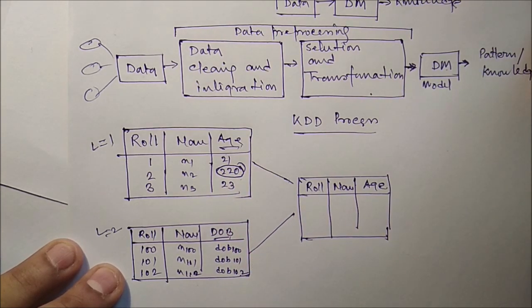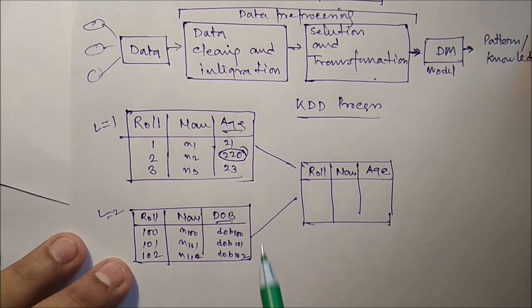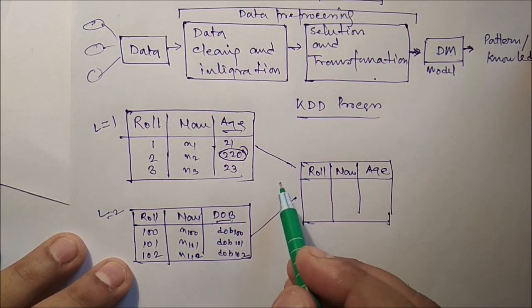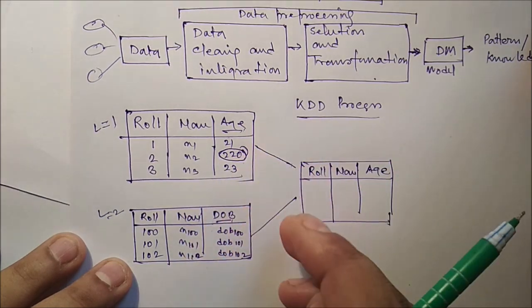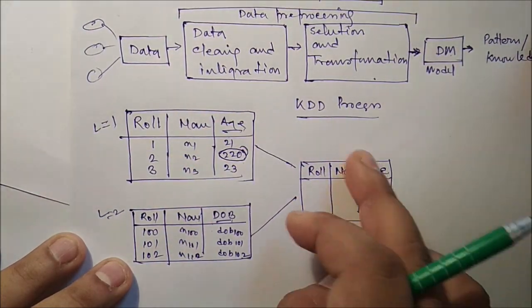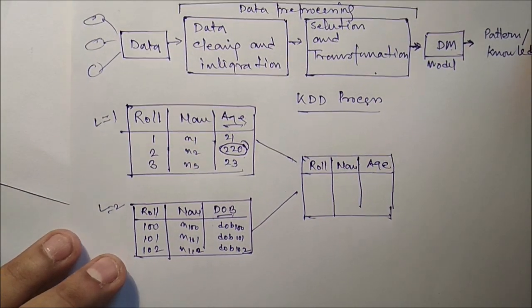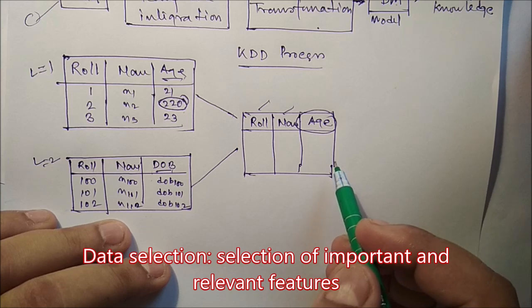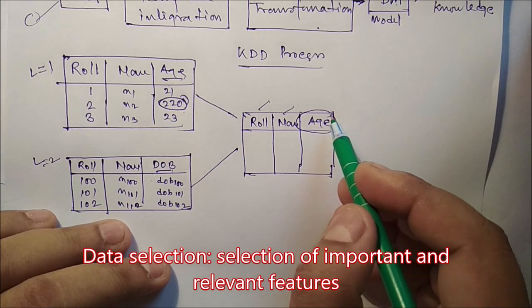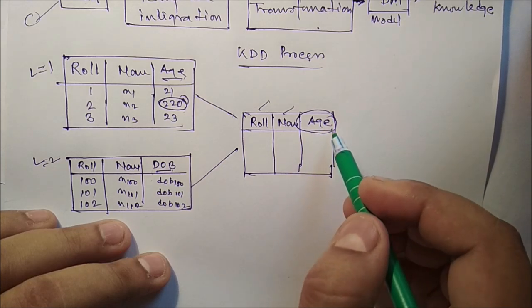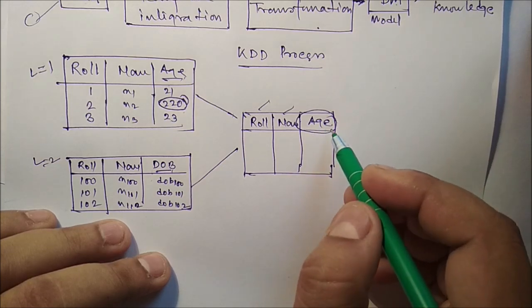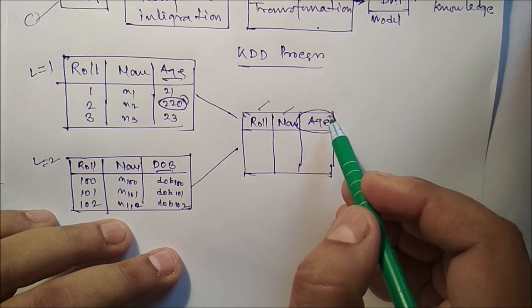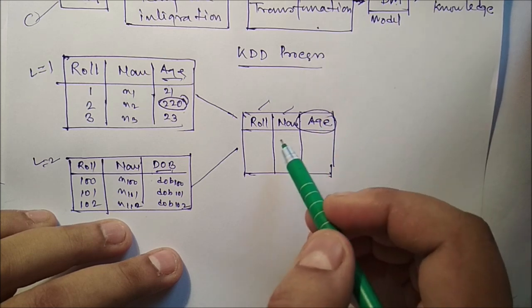And what is data integration? Combining data from various sources. Two sources are there, so merging these two and getting coherent data is called integration. Next is data selection: selection of important and relevant features. Suppose you want to know the age distribution; we need only the age attribute, not roll number and name.